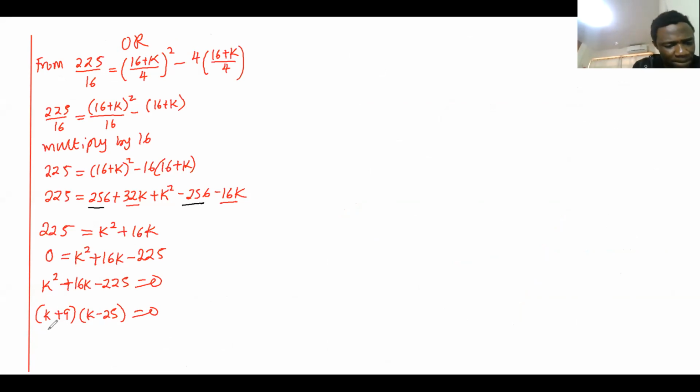So from here, k equals, I hate shortcuts. So k plus 9 equals 0, k minus 25 equals 0. Okay, Daniel? Isn't it the other way around, where 25 is positive and 9 is negative?